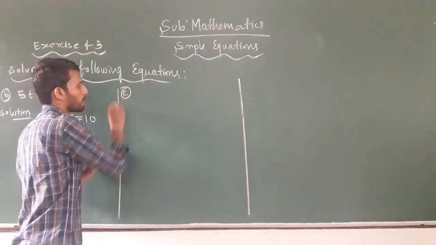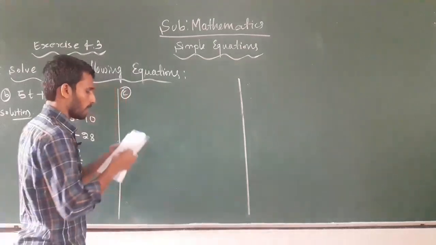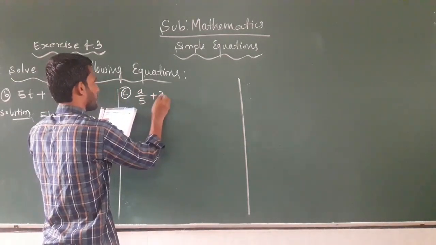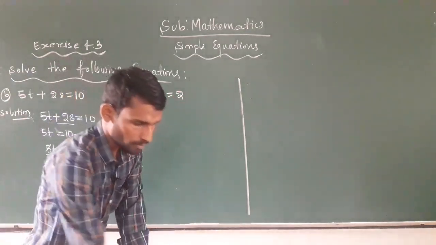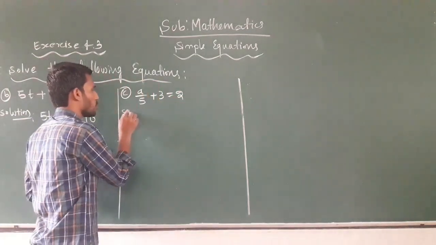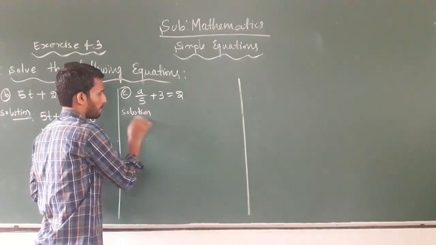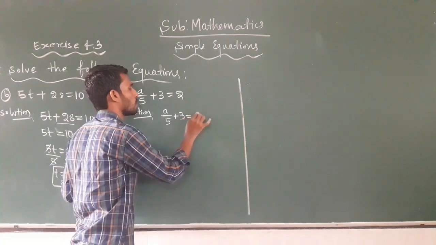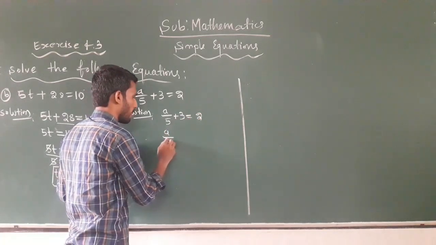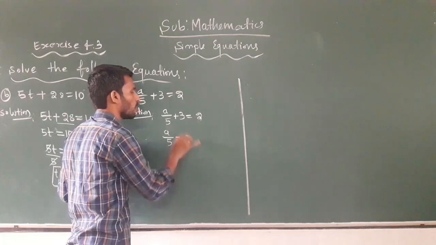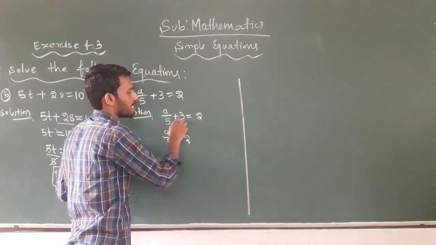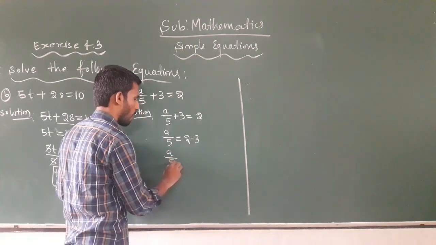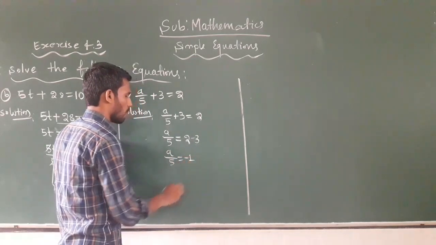Okay, here's the next problem. I am taking the third problem in the exercise. a by 5 plus 3 is equal to 2. Solution: a by 5 plus 3 is equal to 2. When we shift 3 from LHS to RHS, that becomes a minus. a by 5 is equal to minus 1.